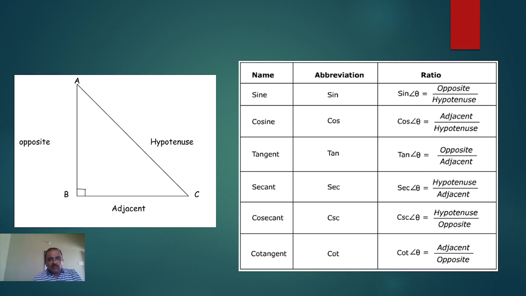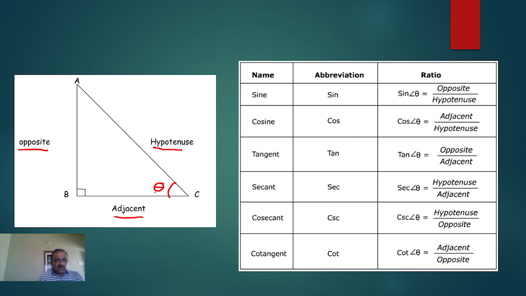Now coming to the actual trigonometric ratios: they are the ratio of 2 sides. When you see this figure, this is our representative angle theta. Then this becomes the opposite side, this becomes the adjacent side, and the remaining one is the hypotenuse.